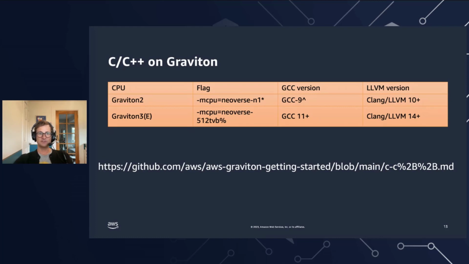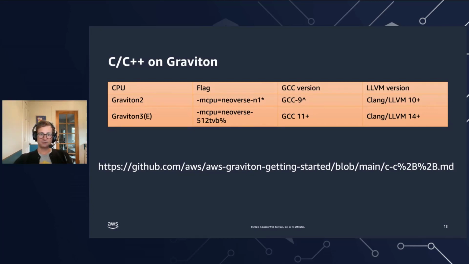In terms of GCC version for Graviton 2, the first version to support the Neoverse N1 architecture would be GCC 9. For Graviton 3, that would be GCC 11 and above. But in both cases, if you can afford to use a more recent version, if your Linux distribution is giving you a more recent version, you will most probably see better performance.